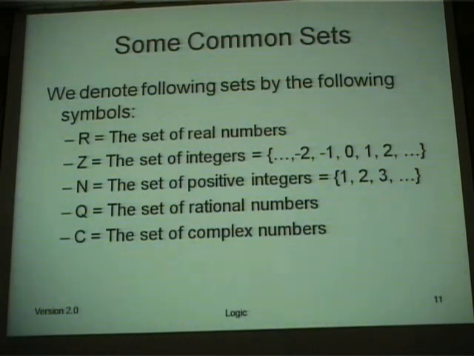In school you learn up to real numbers, all the numbers you handle in school time. Some of you might have handled complex numbers, but I don't want to deal with that. So keep in mind that the real number set is a subset of the complex numbers.